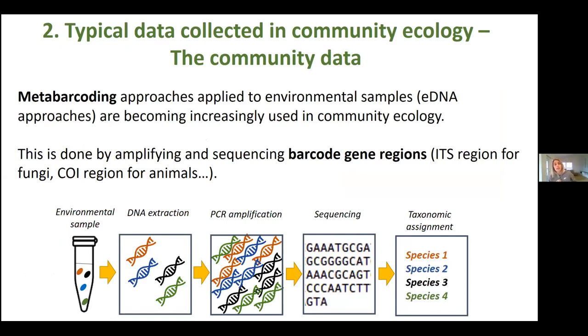And this sort of data is becoming very common in community ecology, because it is so efficient to record many species groups that so far were difficult to record, like if we think about microorganisms and so on.